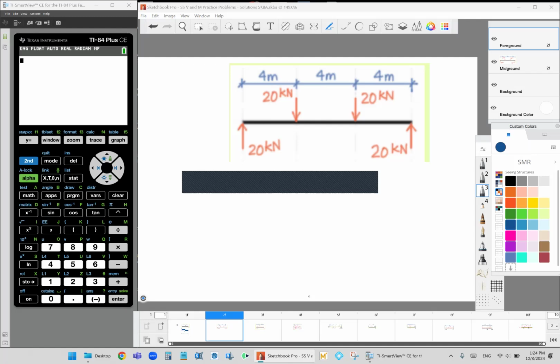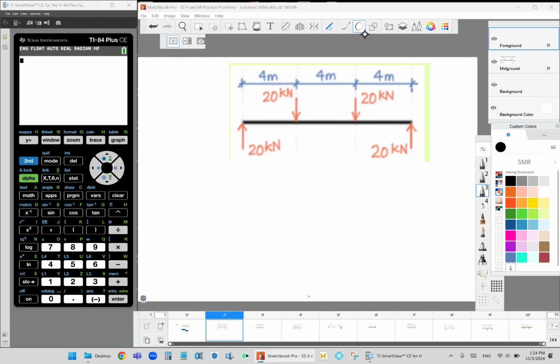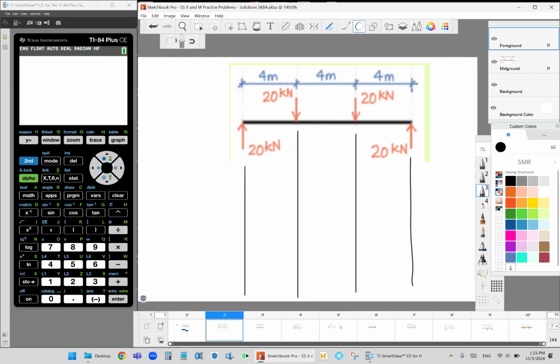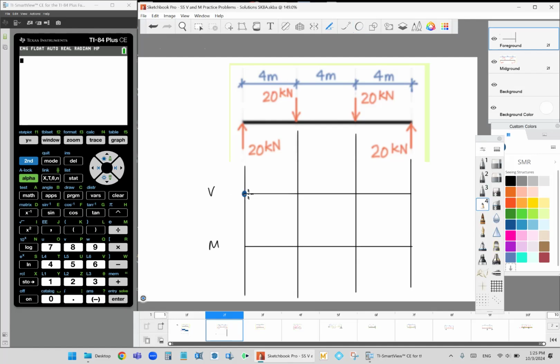So here we have another beam, and we're going to go through the same type of process. So I like to do my vertical lines first, do a line for shear and a line for moment. And yeah, so start at 0, increase up to 20.